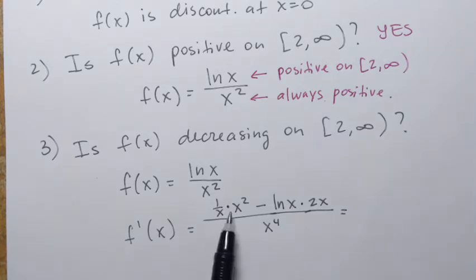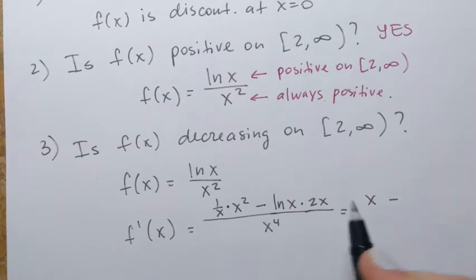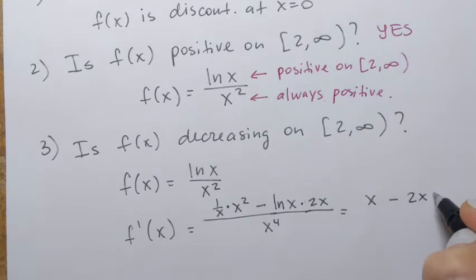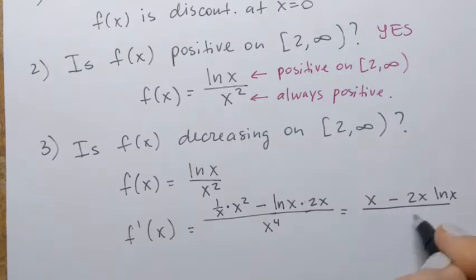Let's see, that simplifies: I'll put x in the front, minus 2x ln of x, and then over x to the 4th power.